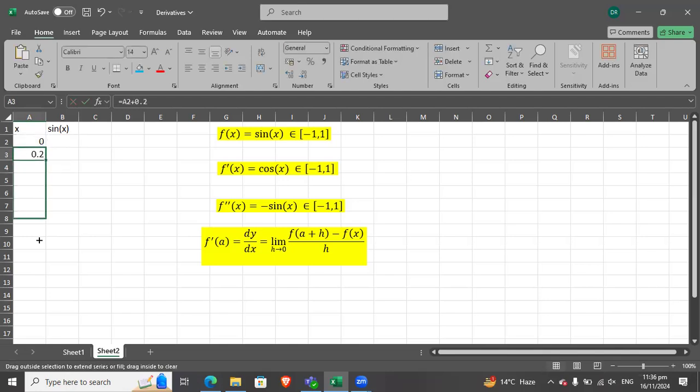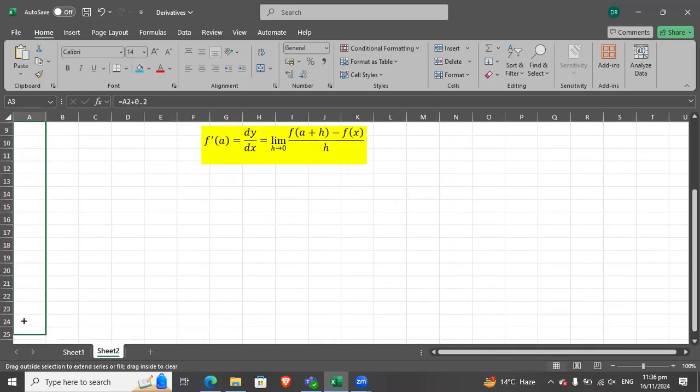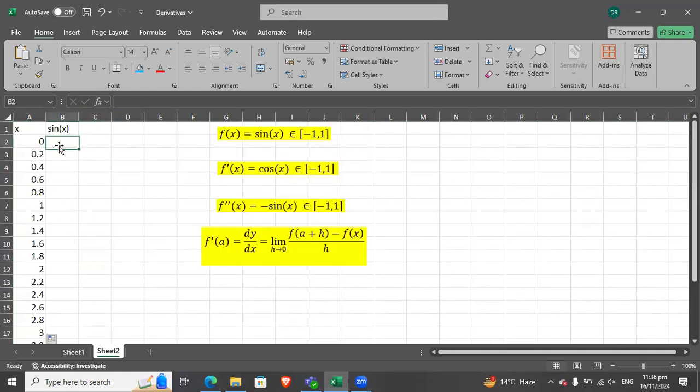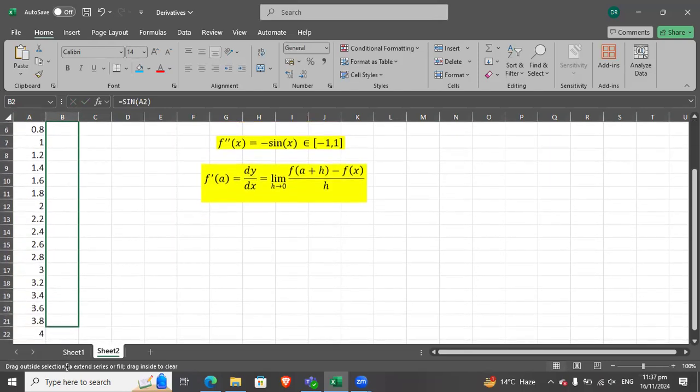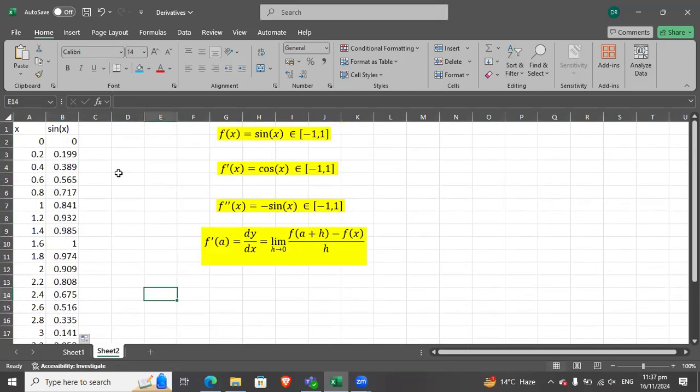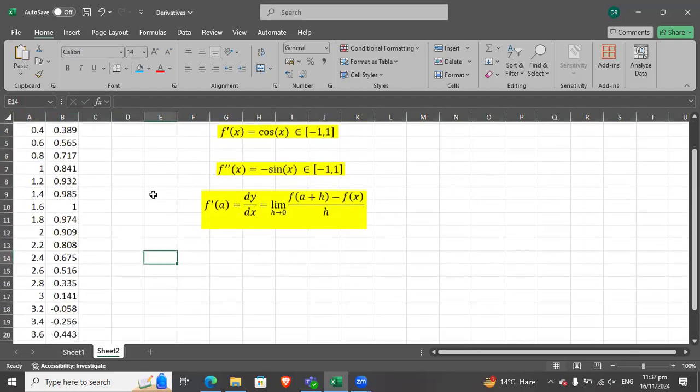I generate the values of abscissa, and then generate the values of corresponding ordinates from the sine function available in Microsoft Excel. These are the data values. So data has been generated.